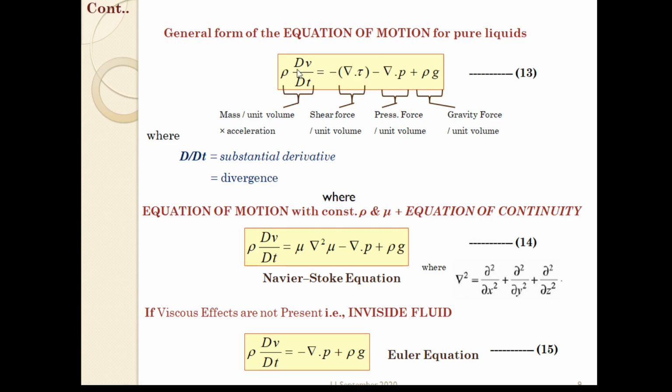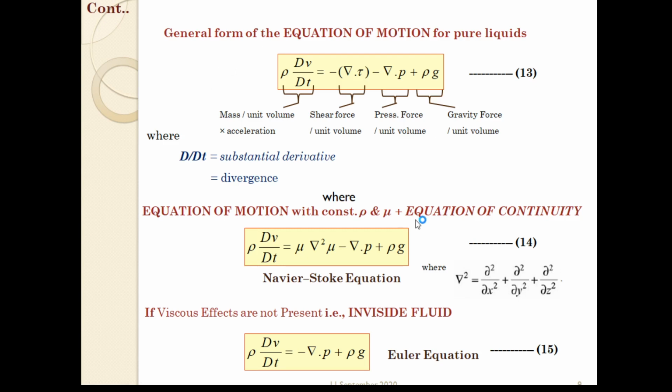Now if you consider it for the constant density and the constant viscosity plus equation of continuity, then you have this equation: rho dv/dt equals mu divergence squared v minus divergence p plus rho g, which is also called the Navier-Stokes equation. Where this divergence squared is nothing but del 2/del x2 plus del 2/del y2 plus del 2/del z2.